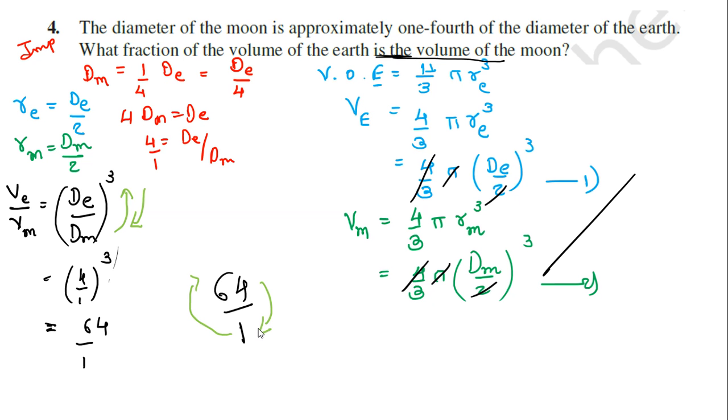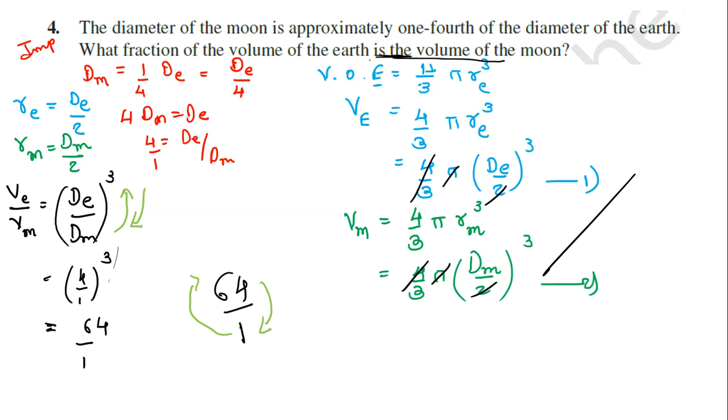Whatever comes before 'is the' will come in denominator. Here see, I'm going to show you one trick, landmark. How you have to recognize volume of earth is the, okay, so volume of earth.